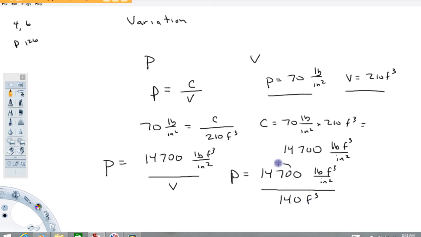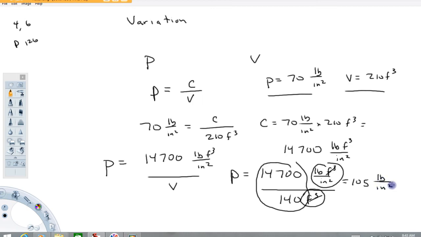Now, numerically, we just have to calculate this. I get 105. Dimensionally, we have this fraction divided by this. These are going to reduce, and we're just left with pounds per square inch.